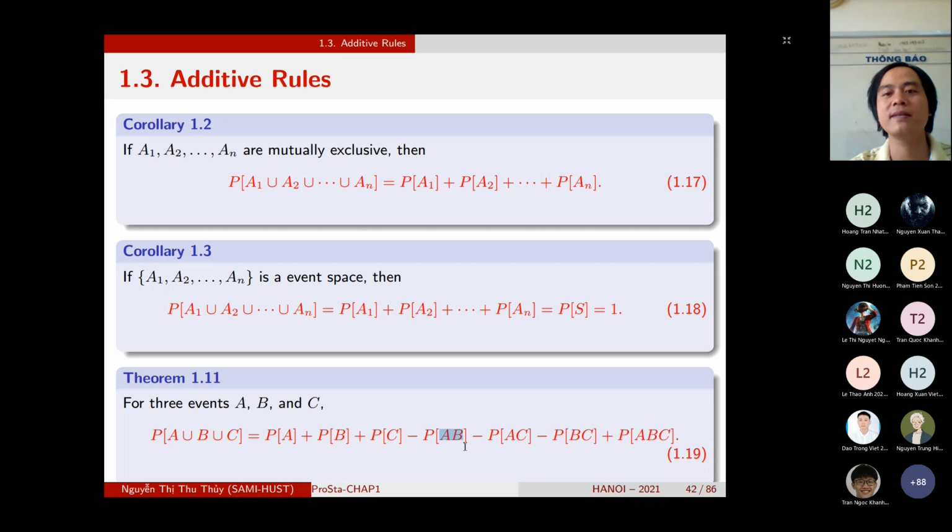Okay, we subtract the summation if you take the bracket here. And then we add the probability of the intersection of A, B, and C, okay.